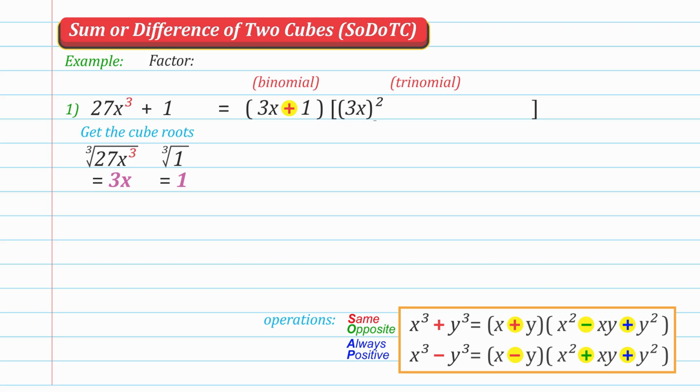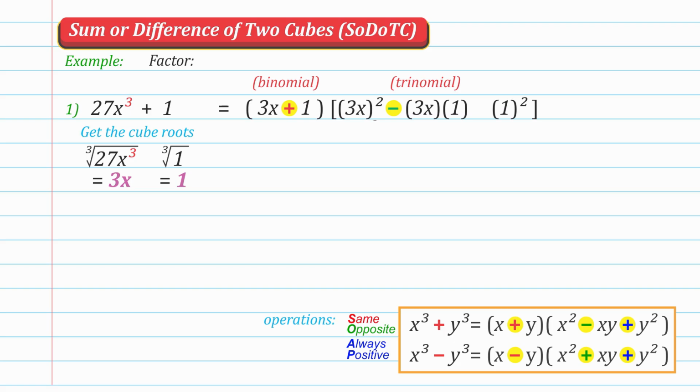Next, get the product of the first and the second cube root. So, let's multiply 3x and 1. Remember that the sign is opposite. Yes, that's opposite of the original expression here. So, it's minus. And lastly, square the second cube root 1.